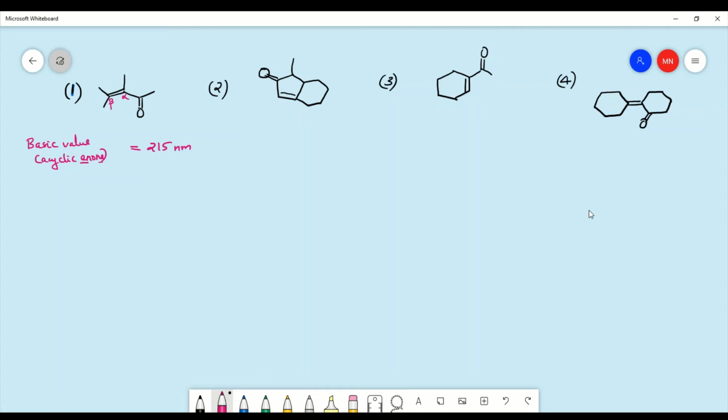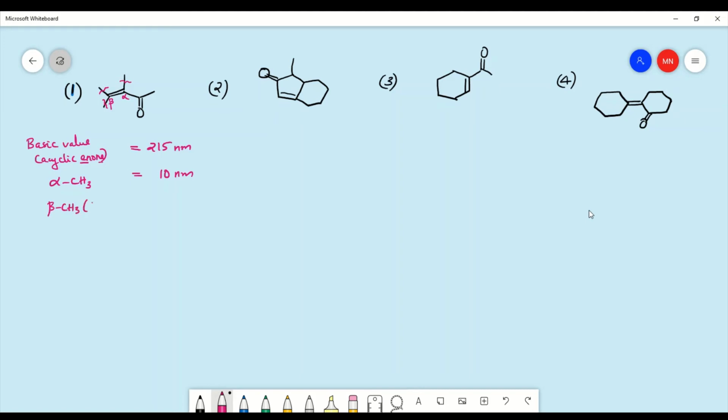Now there is one alkyl substituent at the alpha carbon, so you have to write alpha CH3. At the alpha position, you have to add 10 nanometer. At the beta carbon, there are two beta substituents, so you write beta CH3.